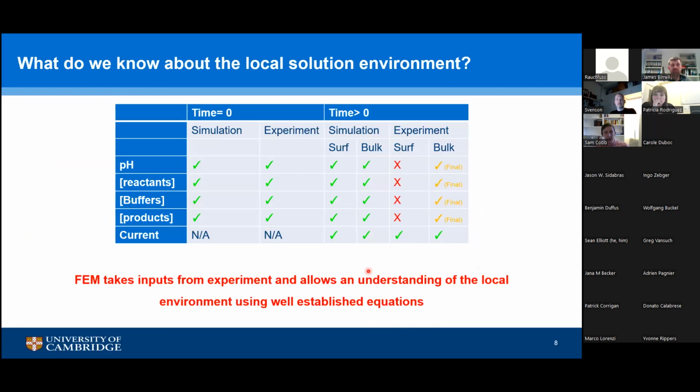But we can start to fill in some of these gaps. What I'm going to show over the next few slides is a lot of simulation alongside experiment, and the two intermingle, and we can show how we can link the two, and hopefully there's good correlation. This allows us to fill in the gaps, and this middle column is now populated, and hopefully we can understand our local environment a bit by using these physics we hopefully aren't going to debate too much about.